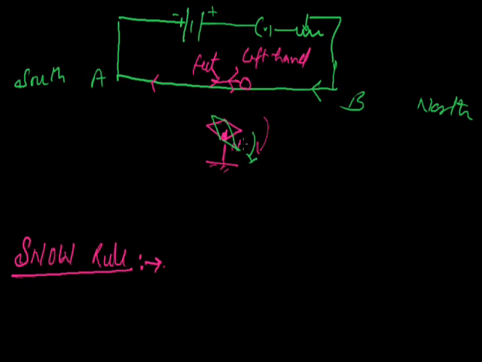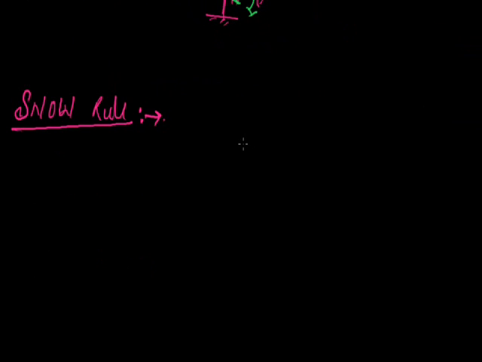north pole. Now the other rule, that second is the SNOW rule. SNOW means S-N-O-W. They have separate meanings.